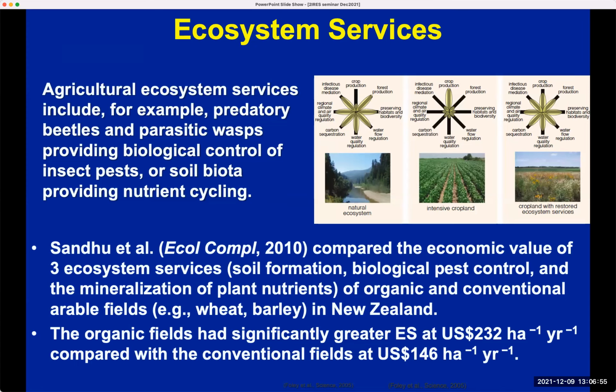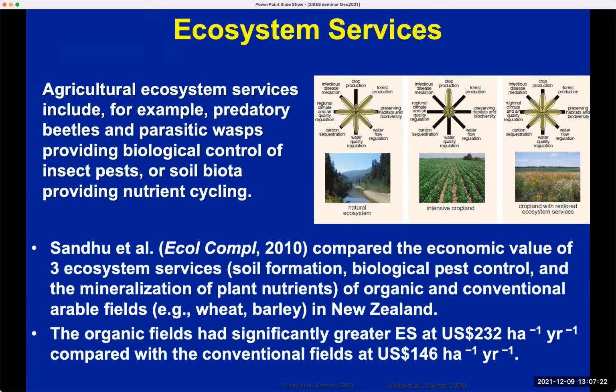And they compared the economic value of just three ecosystem services across, I think it was 20 grain farms, half organic, half conventional. They looked at soil formation, biological pest control, and mineralization of plant nutrients, all positive things. The organic fields had higher ecosystem services, $232 per hectare per year.